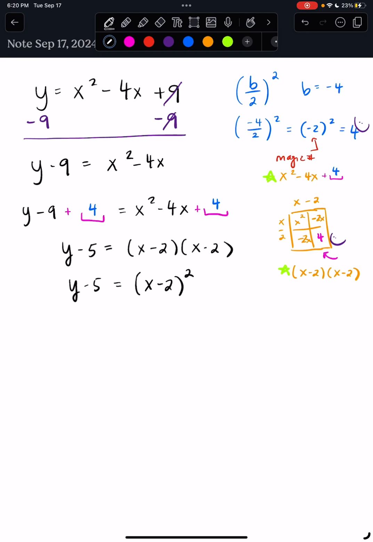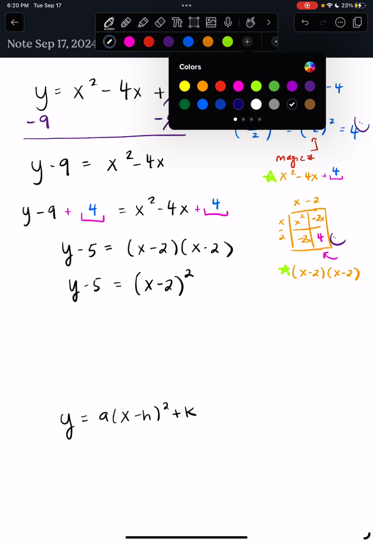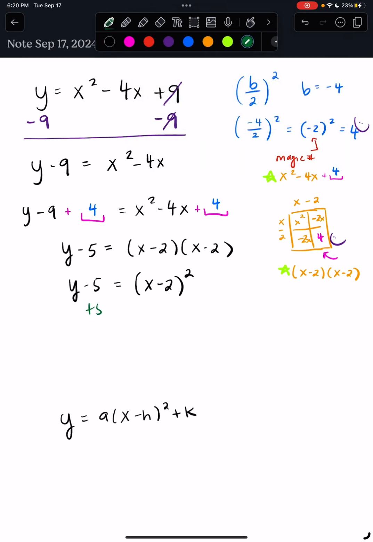Now, because I want to think about vertex form, and vertex form is y equals a times x minus h squared plus k, I really want to isolate y at the very end. So in order to do this, I am going to add 5 to both sides of my equation. When I do this, it's going to leave me with y equals x minus 2 squared plus 5.